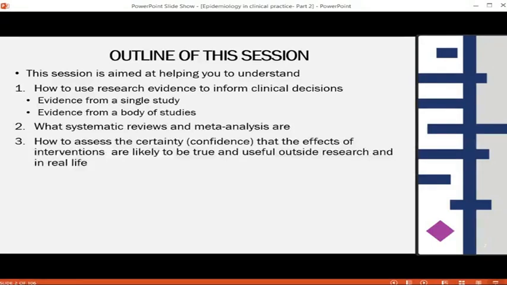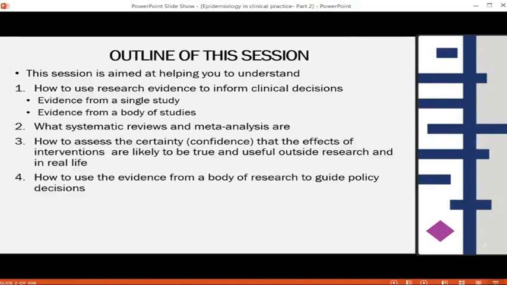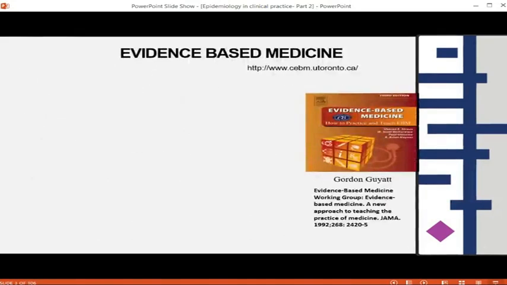And also finally tell you how can you be sure, how confident are you that the results of all these studies are likely to be true and useful outside the research setting and in your clinical practice. And it'll also tell us how people use this kind of evidence to make a policy decision, like in terms of a guideline or a policy that a nation might make. So that's what I hope to cover in this session of the series.